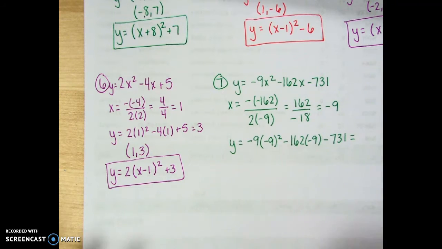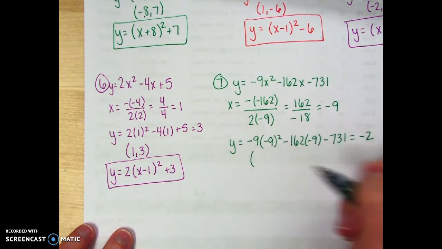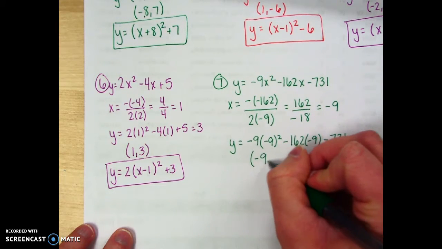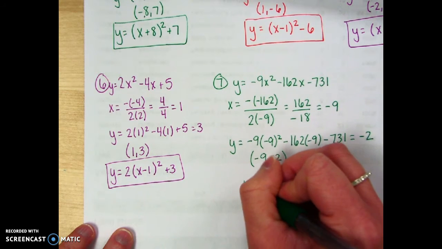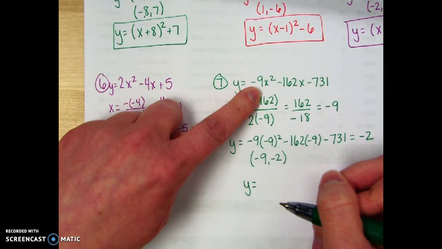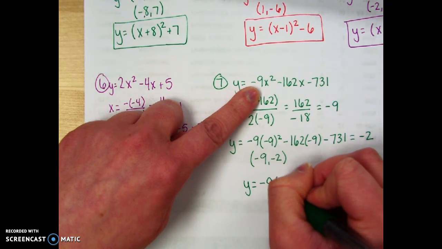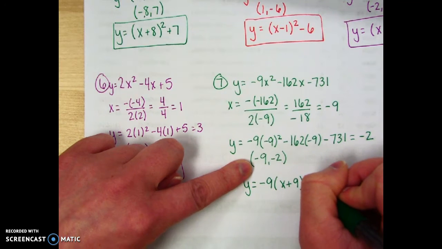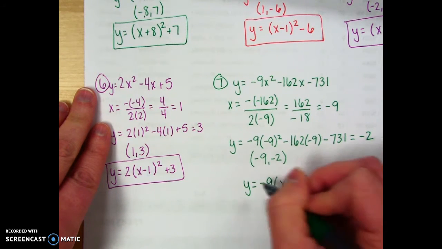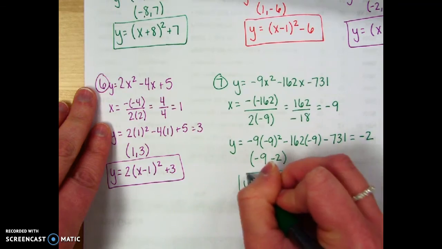I got negative 2. Okay, vertex, negative 9, negative 2. And let's do the equation. Y equals, I have an a right now, so that's negative 9. X plus 9 squared minus 2. And that's the same answer we got doing it the other way.